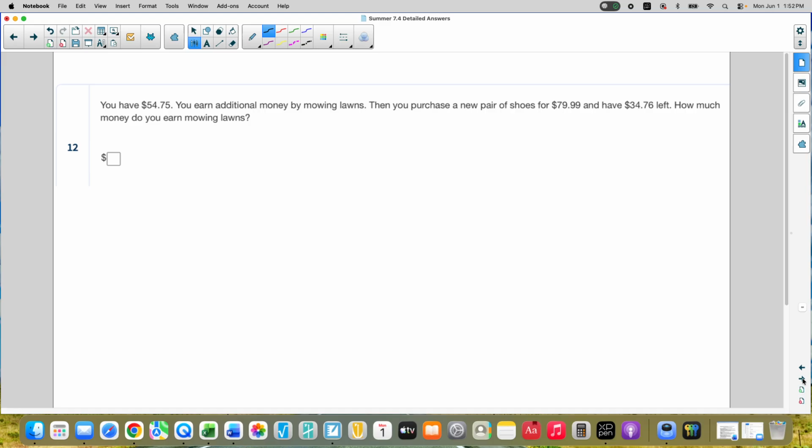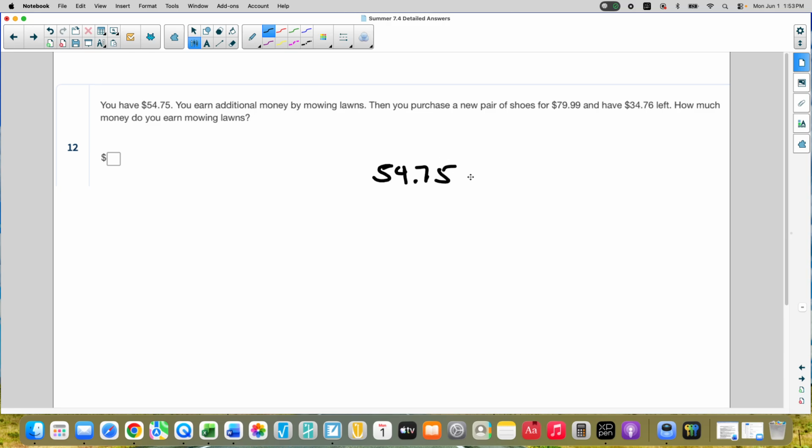You have $54.75. You earn additional money by mowing lawns. Then you purchase a new pair of shoes for $79.99 and have $34.76 left. How much money do you earn mowing lawns? So I have $54.75.